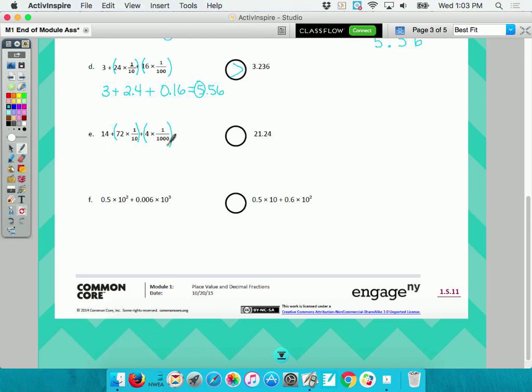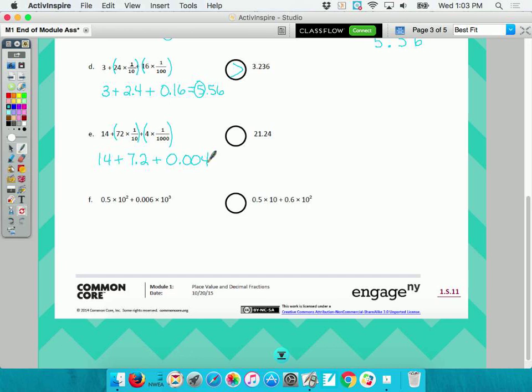Okay, so 14 plus 72 tenths. How do I write that? 7.2. Good. Plus 4 thousandths, 0.004. They wanted you to put that. Right, 4 thousandths. Okay?